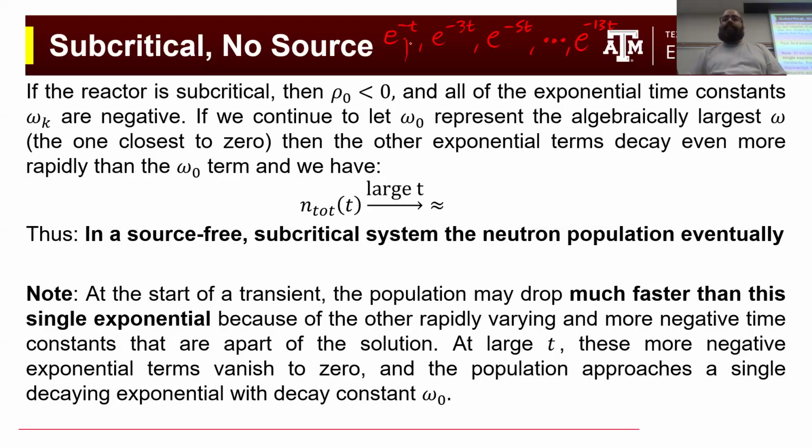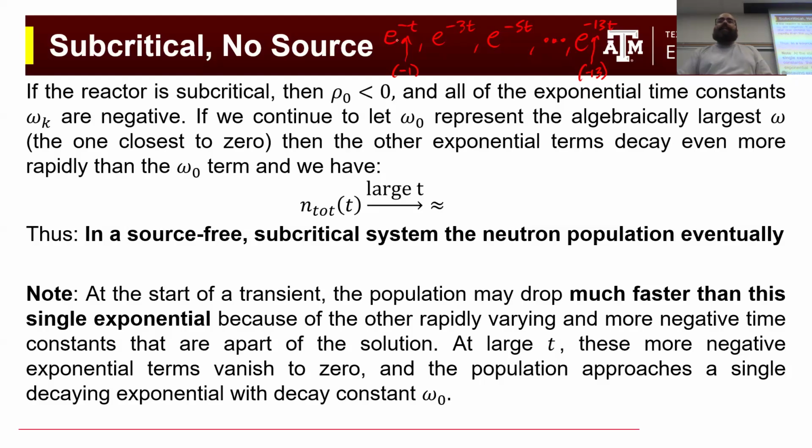So in this case, this time constant is -1. This would be the algebraically largest of all of these time constants, whereas this one would be -13. So that would be the most negative, or the algebraically smallest, time constant.